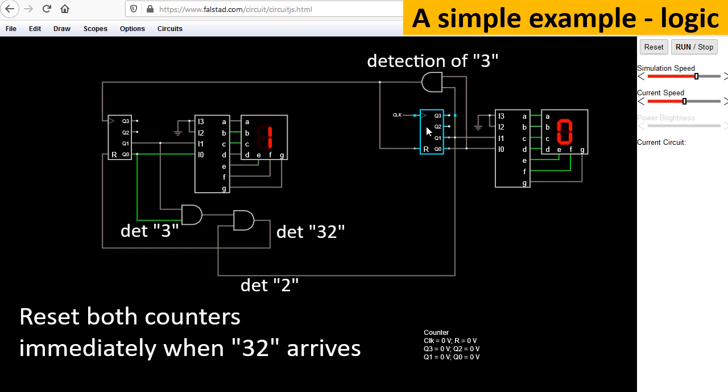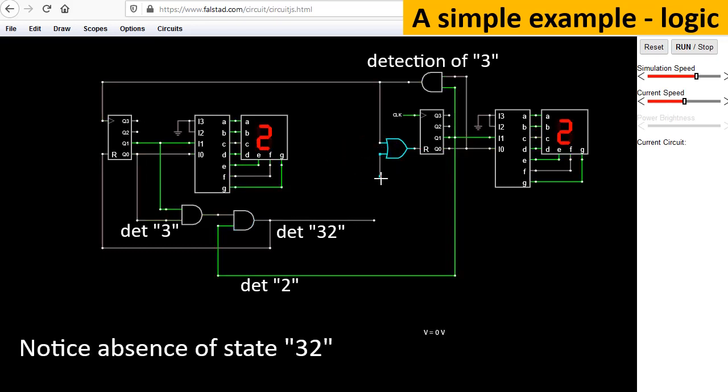This counter resets in 2 cases, with this signal or this signal. So I'll just add them. Good.